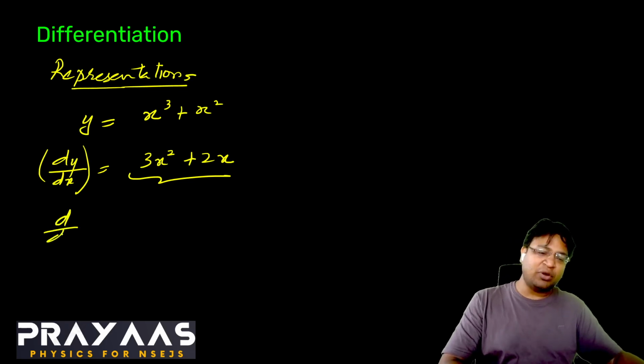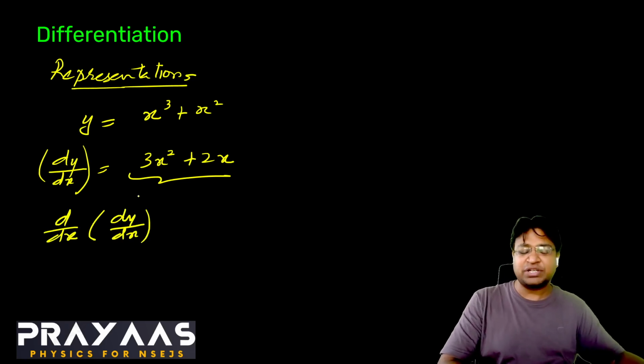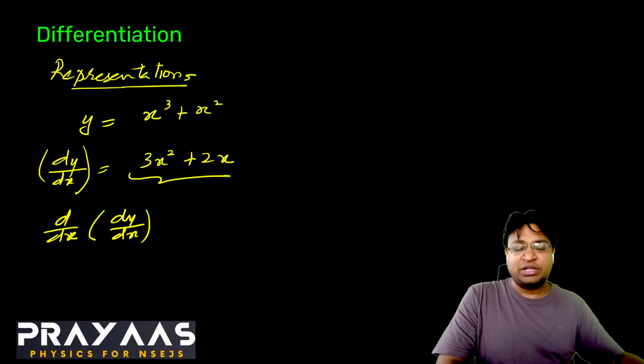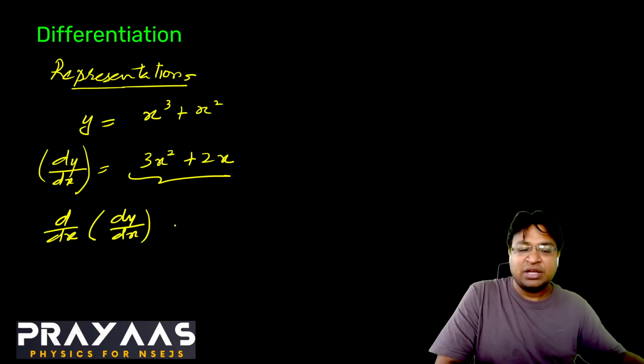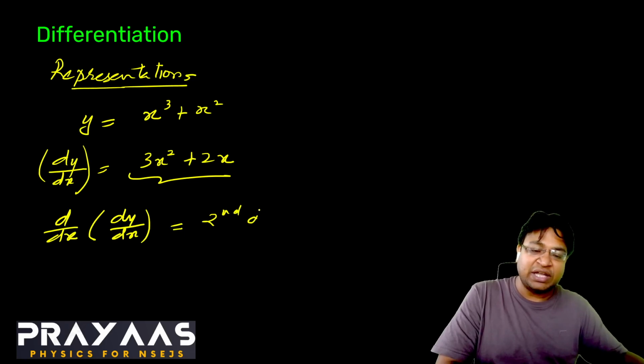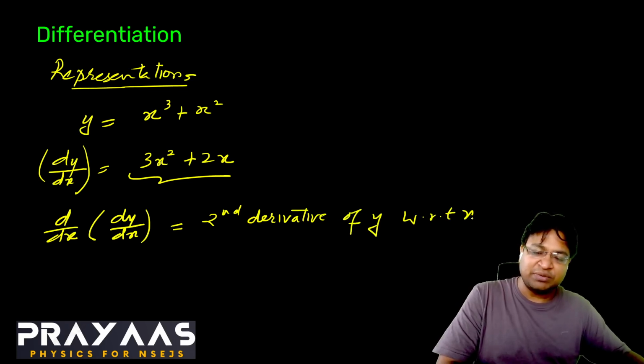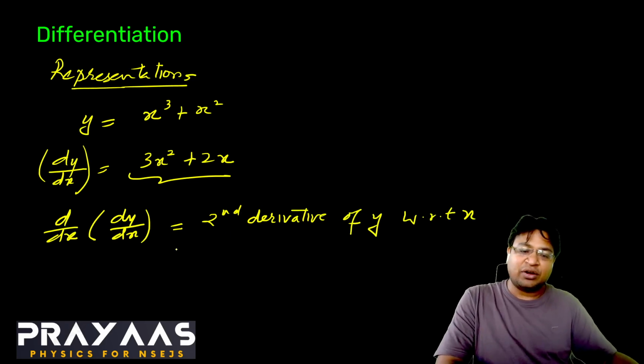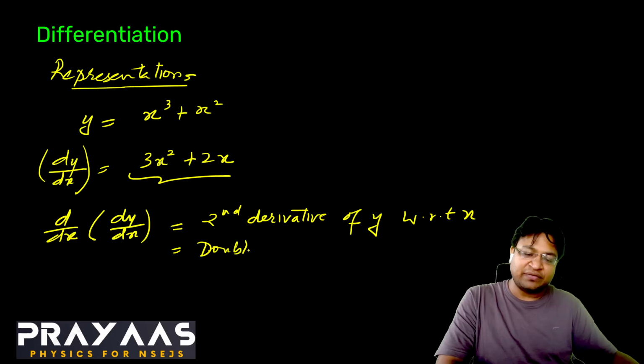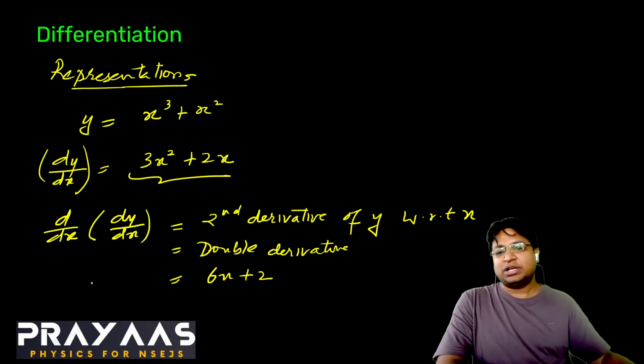If I differentiate dy by dx itself with respect to x, that is d by dx of dy by dx, and this is called the second derivative of y with respect to x. That means you have to differentiate twice. It is also called the double derivative. In the present case, it will become 6x plus 2.